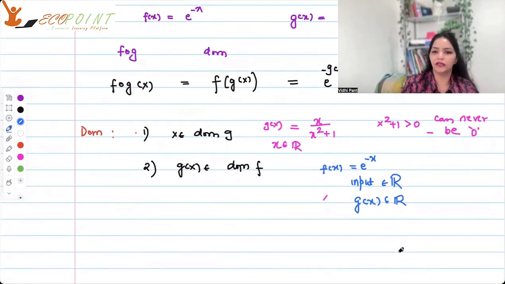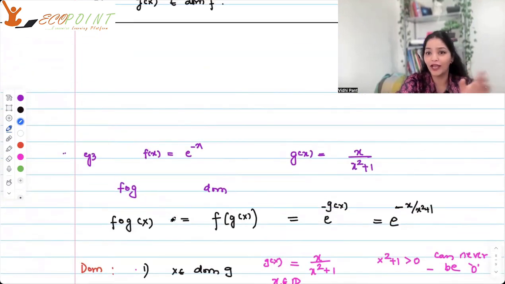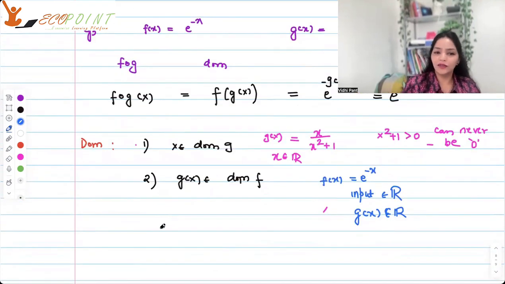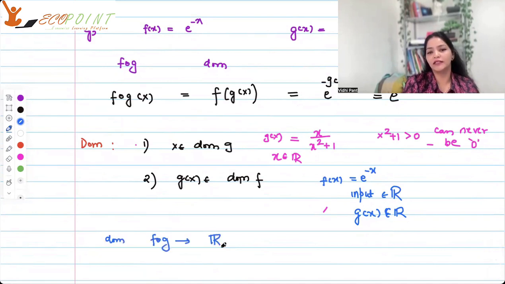Real input, real output. And therefore, if you combine the two, there is no restriction actually. These were difficult functions to look at, but there is no restriction. If somebody asks you what is the domain of f of g, your answer will be it is entire R.